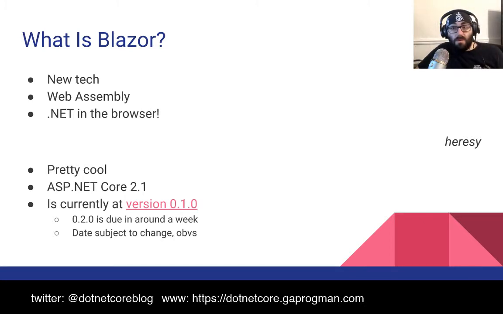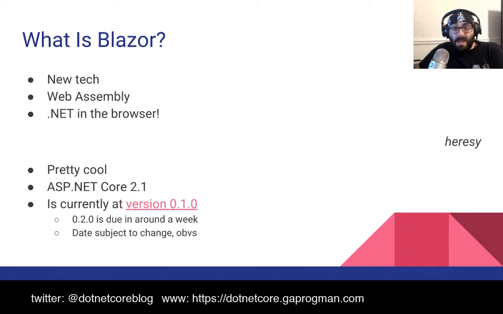Last year, the year before, the idea of running full .NET on a Mac or on a Linux machine wasn't unheard of, but it was pretty out there, and the fact that Microsoft were doing it was pretty out there. Now we have .NET running in the web browser, and Microsoft are doing it, which is really cool.